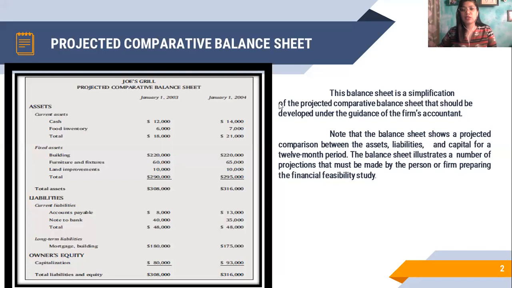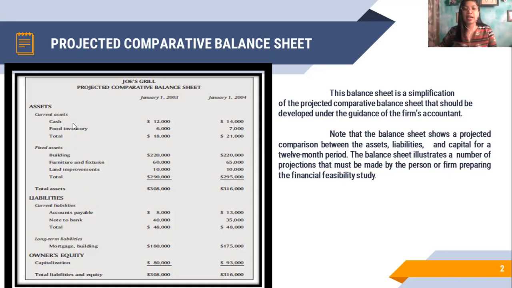Okay, so this balance sheet is what we call the projected comparative balance sheet. You are going to do this. This is a simplification of the projected comparative balance sheet that should be developed under the guidance of the firm's accountant. In your case, you can do research on the actual amount of the following criteria.